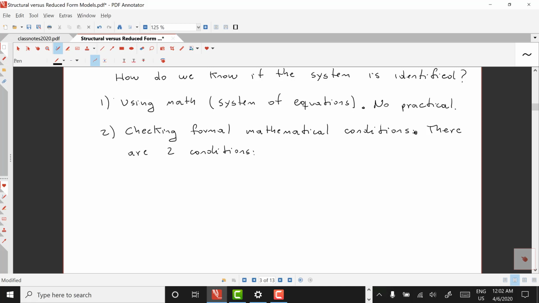The first one, I'm going to call it 2.1, is what's called the rank condition, which in economics is not checked in practice, to be honest with you. And it is related to restrictions in the coefficients.